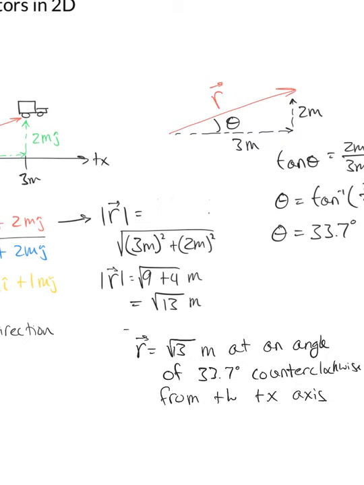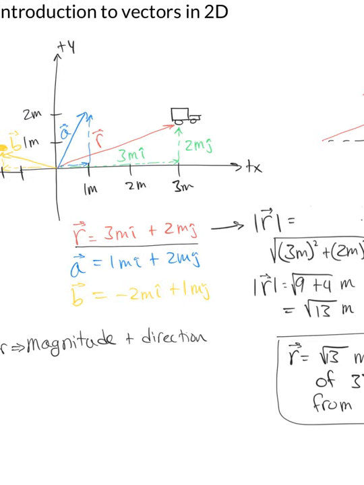So this is just another way of writing my r vector. It explicitly tells you the magnitude, root 13 meters, and it explicitly tells you the direction in terms of an angle. And throughout the class, we will write vectors in both of these forms, as a magnitude and an angle, or in terms of two components.